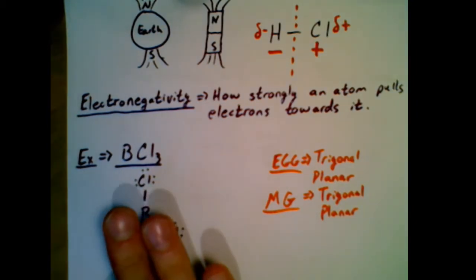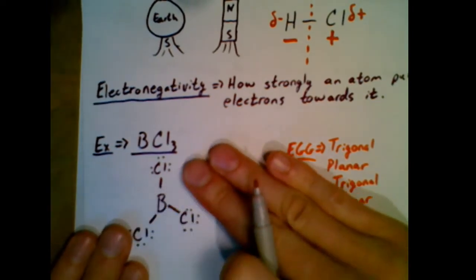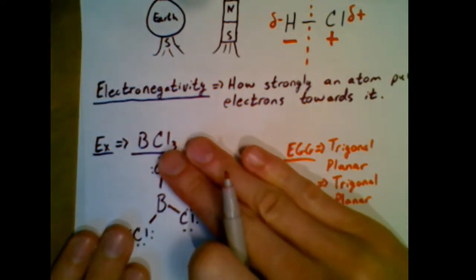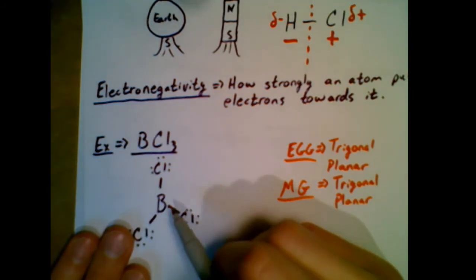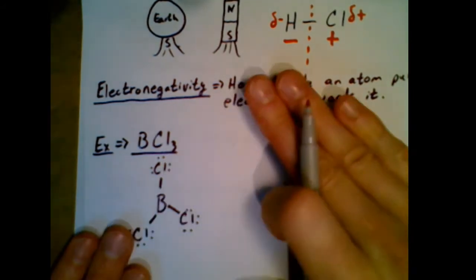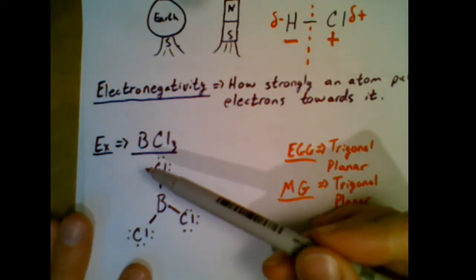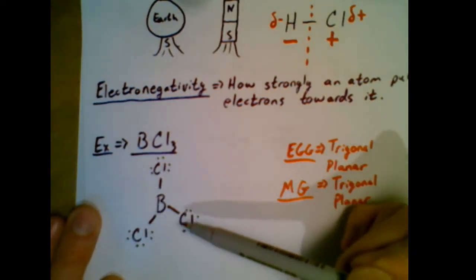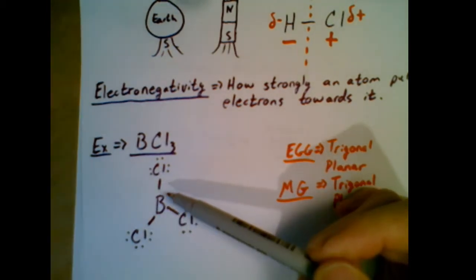Now, I don't have a model that I can use to build this, but keep in mind trigonal planar is totally flat, and it kind of forms that little triangle out of these things, but it's completely flat. Now, what we want to do is check to see if there is an imbalance in the bonds of these things.